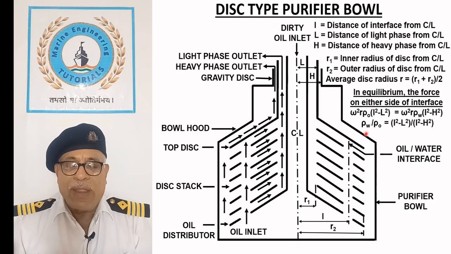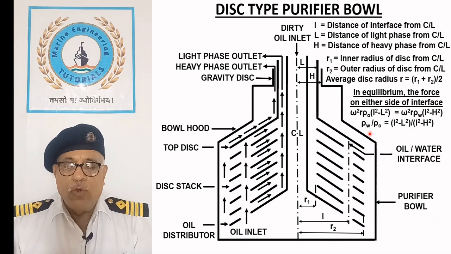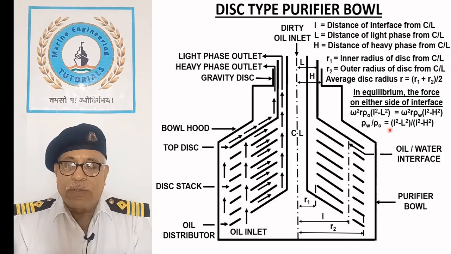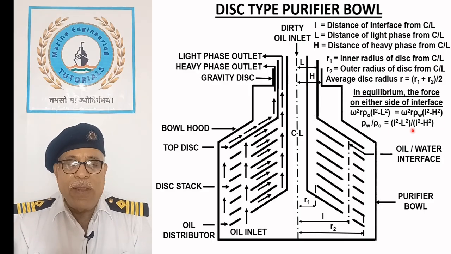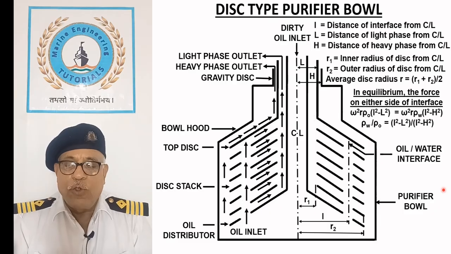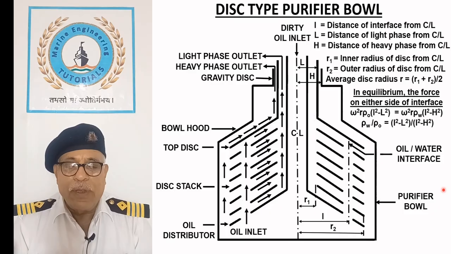Simplifying it, we get rho W by rho O is equal to (I square minus L square) divided by (I square minus H square). This formula is used to determine the position of oil-water interface.